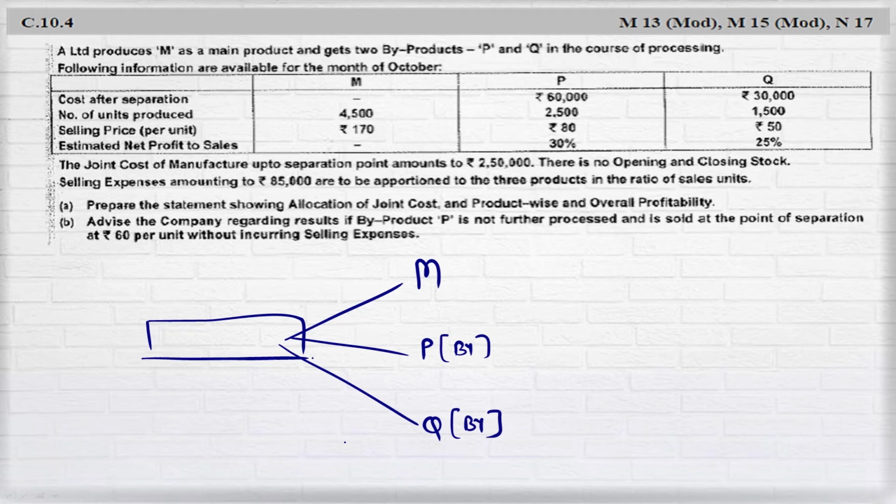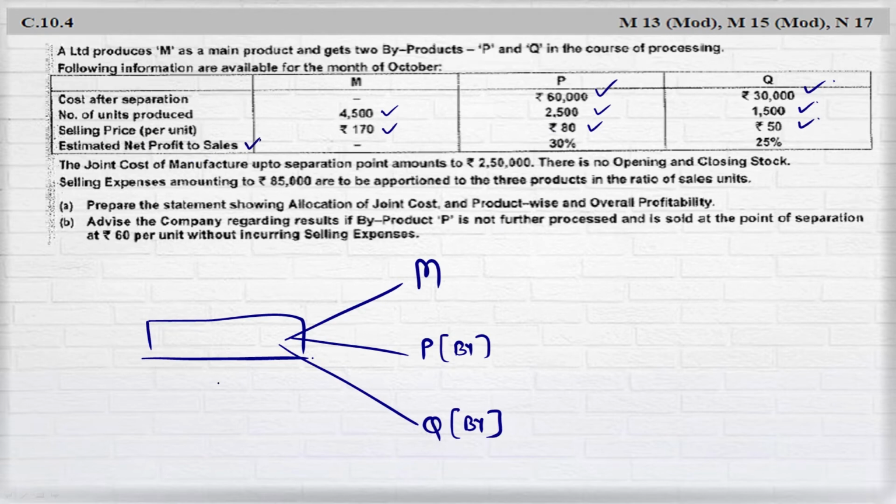The following information is available for the month. Cost after separation, so further processing cost is only of P and Q. Number of units produced: 2500, 1500, 4500. Selling price per unit: 170, 80, 50.